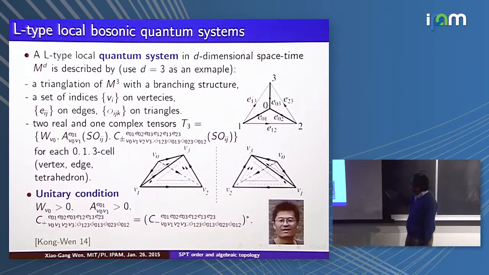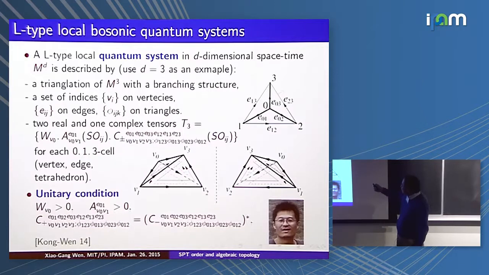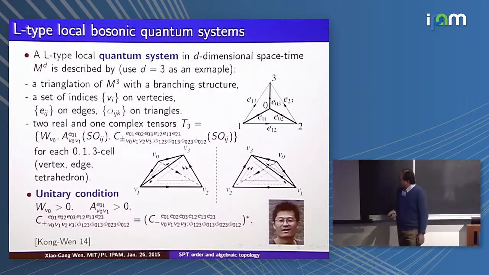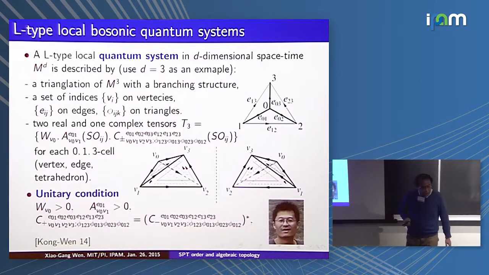And when you have a branching structure, the vertices on every simplex are really ordered. So there's 0, 1, 2, 3. That's ordered. So 0 has no incoming edge, 1 has 1 incoming edge, 2 has 2 incoming edges, 3 has 3 incoming edges, etc. So that's the way we can order all the vertices. And also, what happens to two simplices?